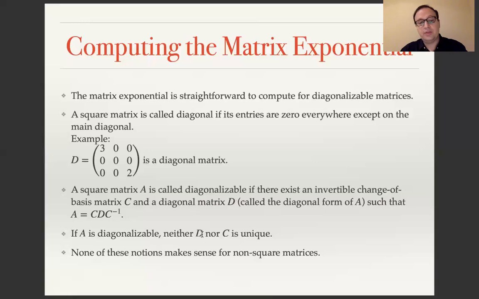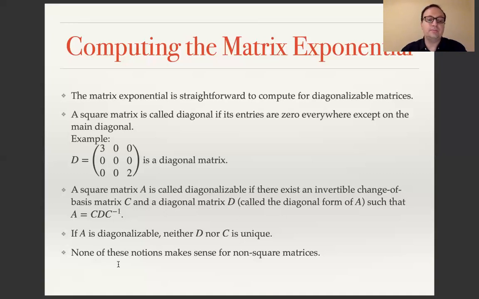In general, the matrices D and C are not unique. So a diagonalizable matrix can be brought to its diagonal form in more than one way.